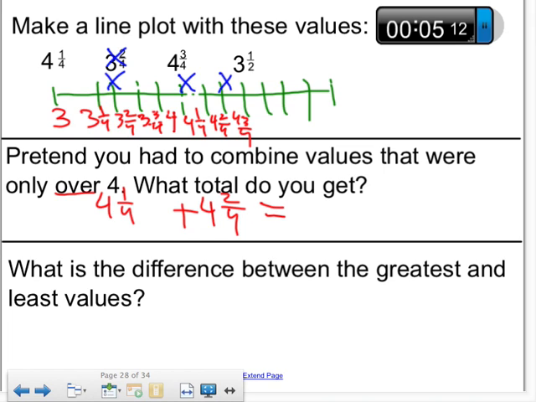Oh, this is baby mode. 4 and 1/4 and 4 and 2/4. That takes 2 seconds to do. Help me out, Cody, nice and loud. What's 4 plus 4? 8. Nice. How about the fractions? 3/4. Done. We love it because it's 2 seconds and out of there.